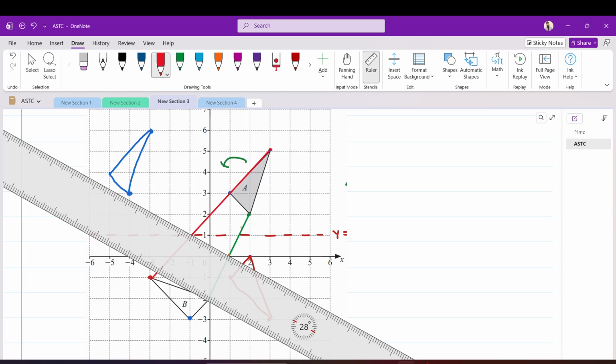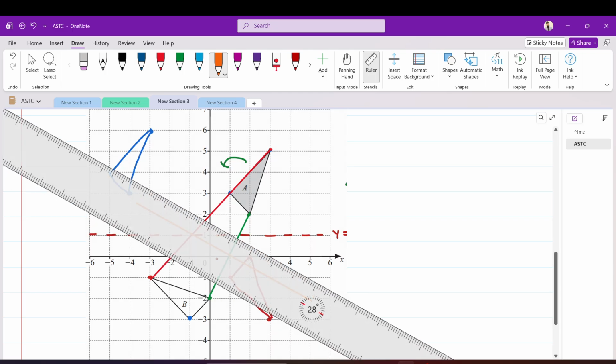The first one that I mentioned was that you mark the center of this straight line. Let's say this is the center of this green line, and this is at 90 degrees, so you can draw a straight line. That's done. Now for the red line, I'm going to do the same thing.